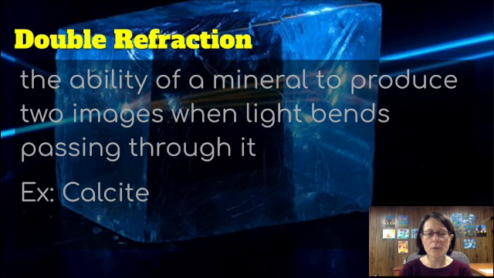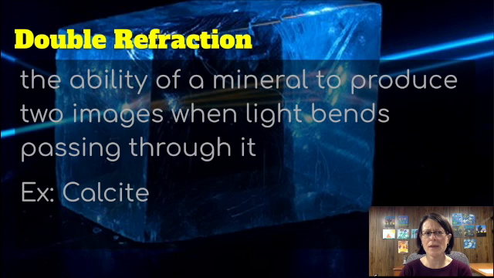There's also double refraction. This is the ability of a mineral to produce two images when light bends passing through it. And calcite does this. Now, I'm not going to be able to show you this in class. I tried it, but my samples of calcite are really rough and not smooth enough to do this. But you can see in this image there's a beam of light, a laser light, going through this. There is some reflection off this way.